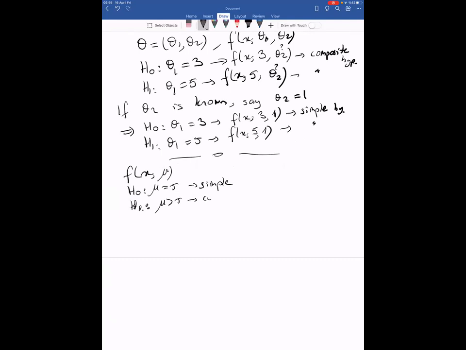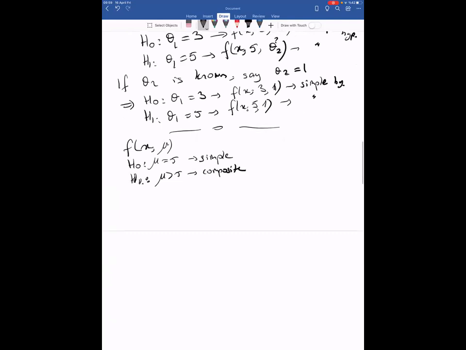So this is a one-sided hypothesis. We can also state this as theta 1 equals 7, like a simple hypothesis. So this is also possible.